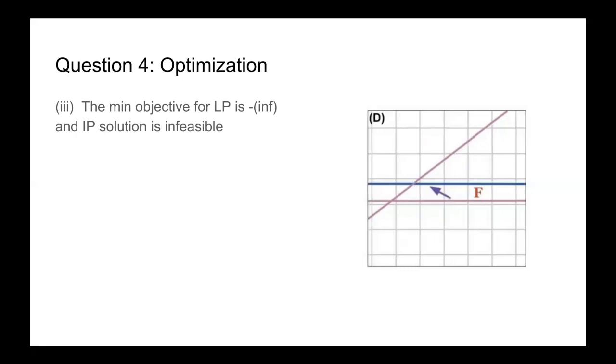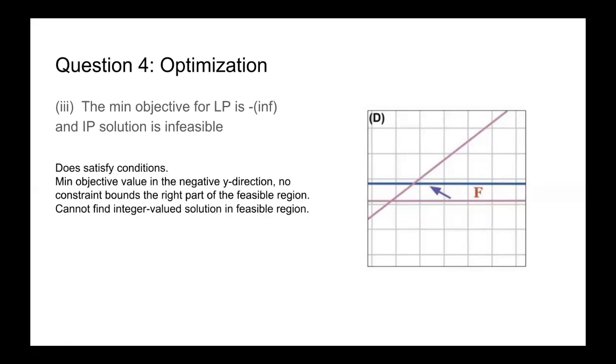Finally, for graph D, we're given the same setup, except the cost vector is pointing up and to the left. So for this particular case, we can definitely minimize to negative infinity because we can keep going in the right direction in order to minimize, because the cost vector is pointing up and to the left.